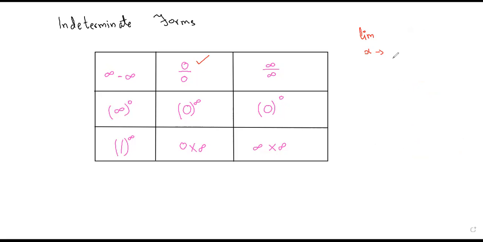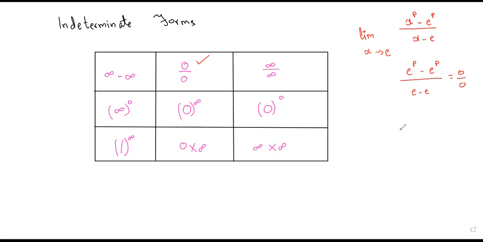So here we have x going to e, and the function is x to the power p minus e to the power p divided by x minus e. All right. Now this is your function. Again, we'll plug in e instead of x. So this would become e power p minus e power p over e minus e, and this would give you 0 over 0. And certainly this is indeterminate form.